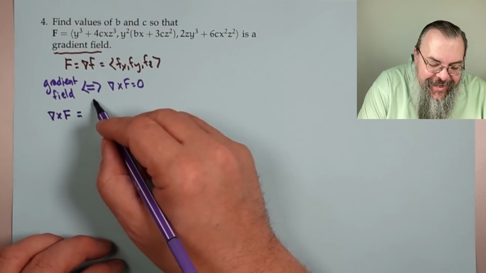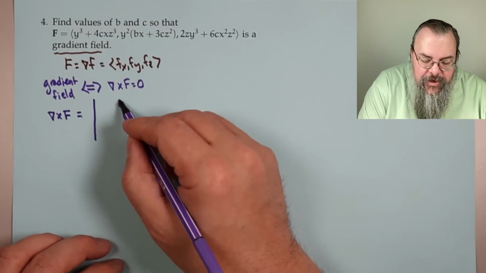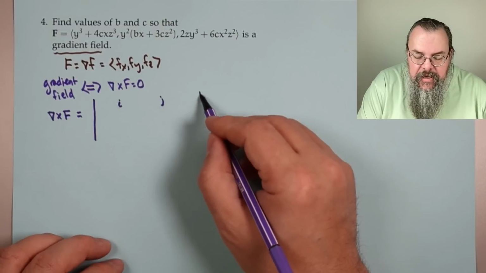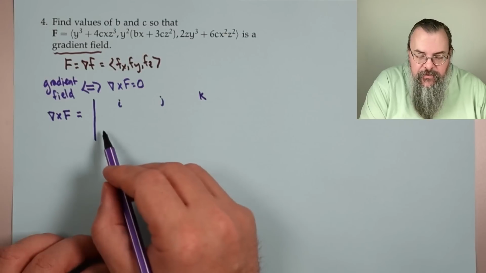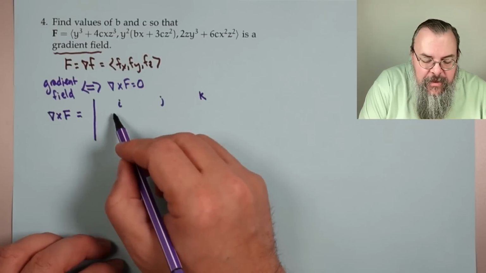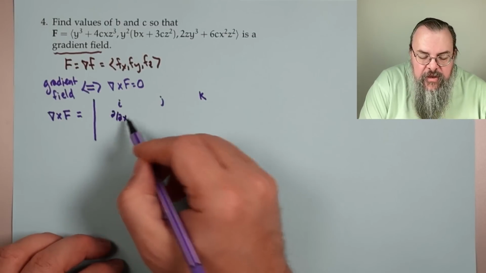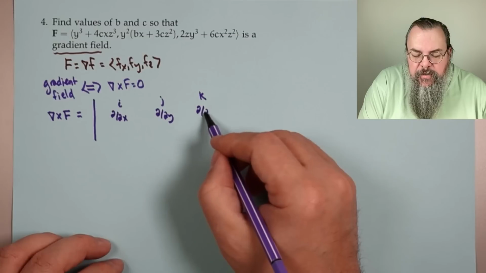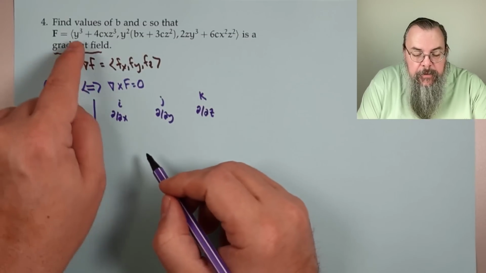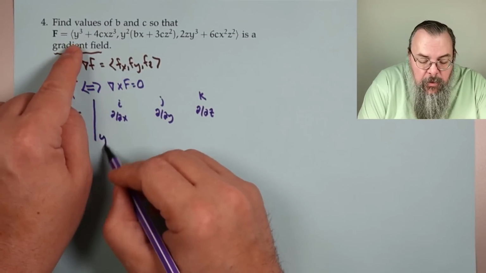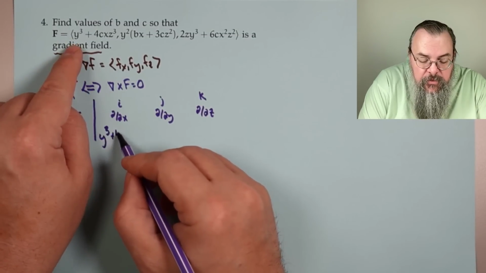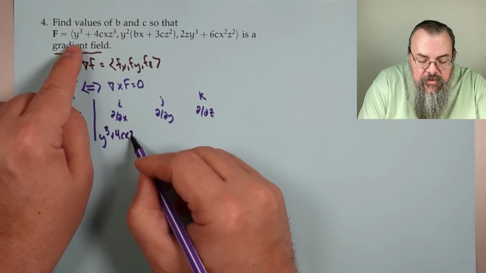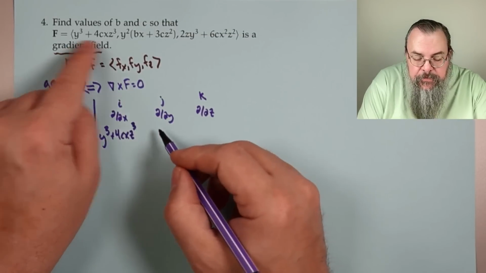Okay, so we're going to do our i, j, k. Give ourselves lots of space because functions take a lot to write down. We have our partial derivatives, partial x, partial y, partial z, and we start copying down. y cubed plus 4cxz cubed.